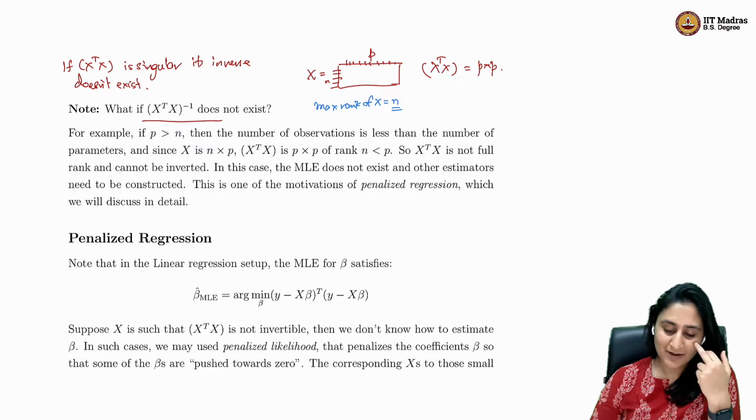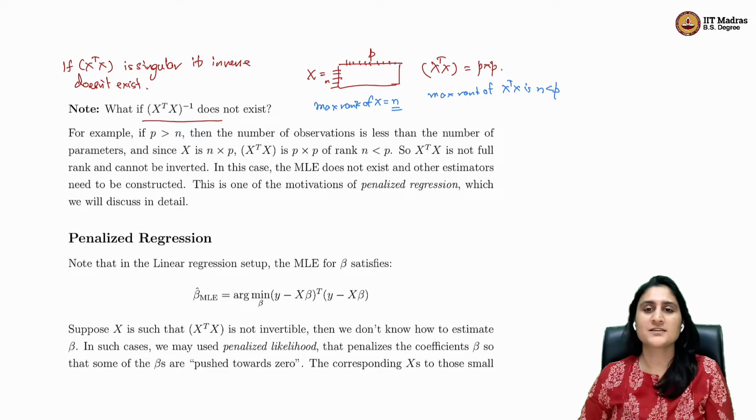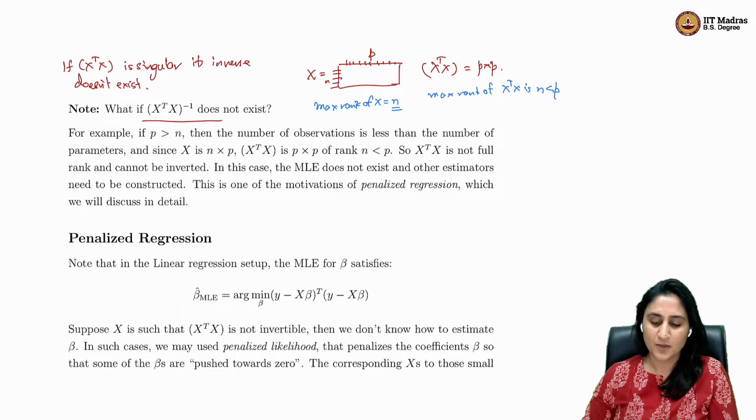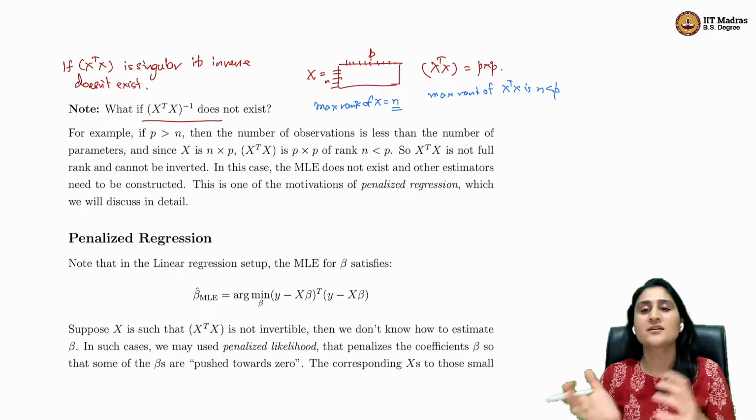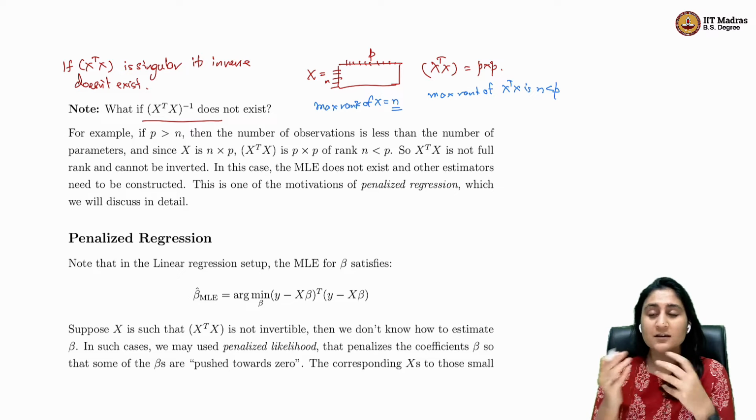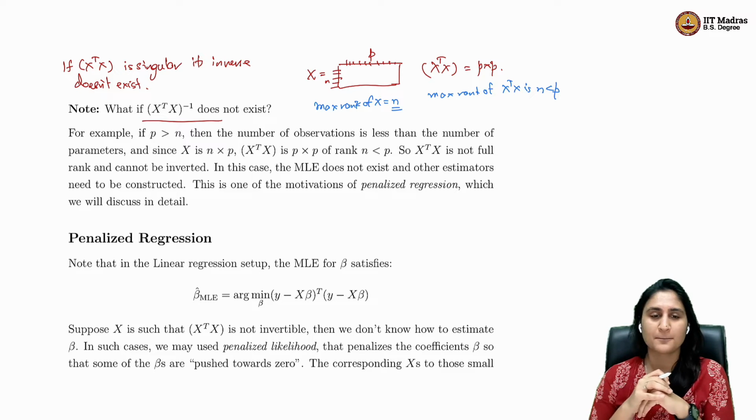So now the maximum rank of X transpose X is N, which, by our assumption of the kind of X's we're looking at, is less than P, which means that X transpose X will be singular because there are some eigenvalues which will be zero.